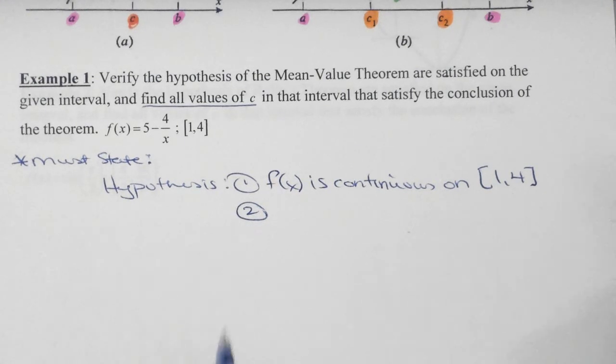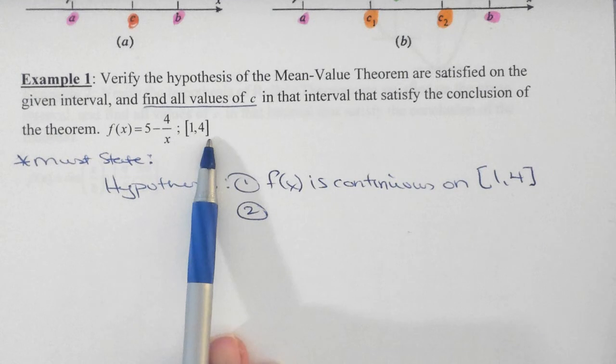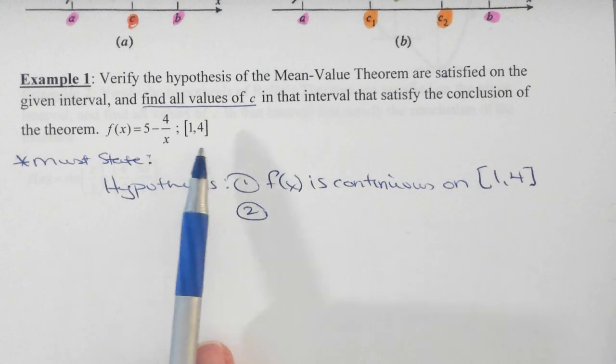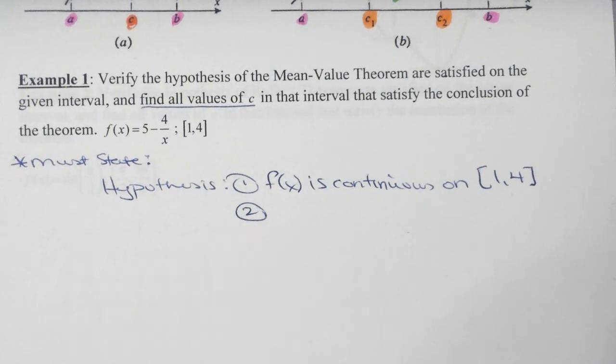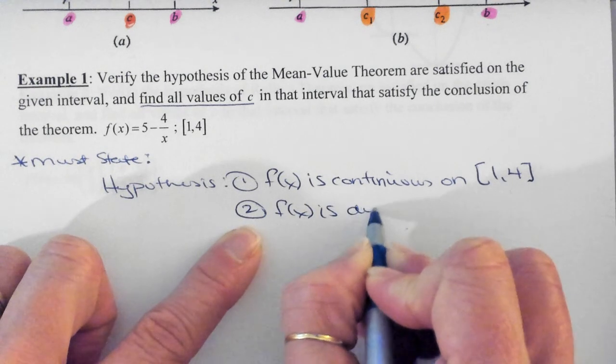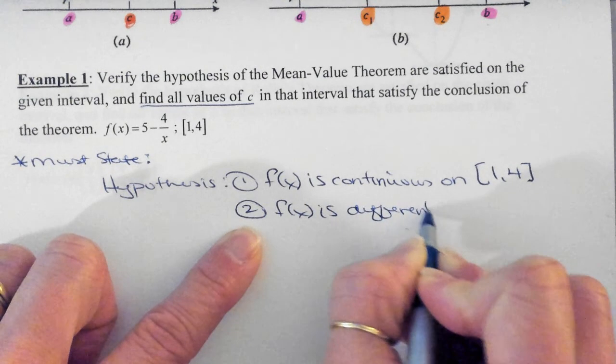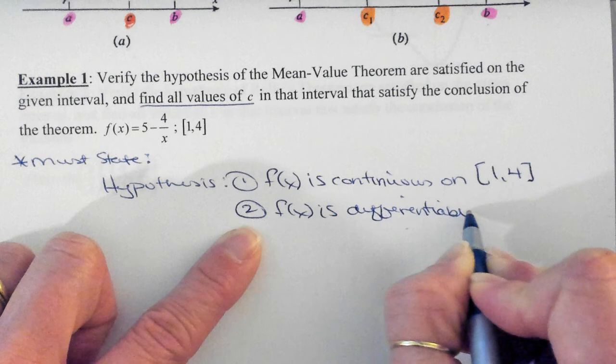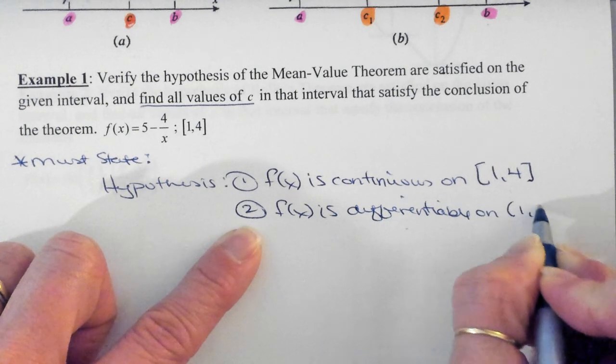The only thing that's really holding me up is the vertical asymptote, but it's not on the interval. So is the function continuous on the open interval, meaning not at the endpoints? Or excuse me, is it differentiable? I say continuous. If it's continuous, then it's differentiable on that interval. So the answer is yes. So you would state that f of x is differentiable on the open interval.